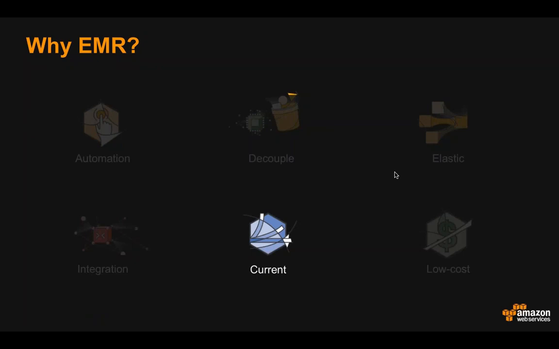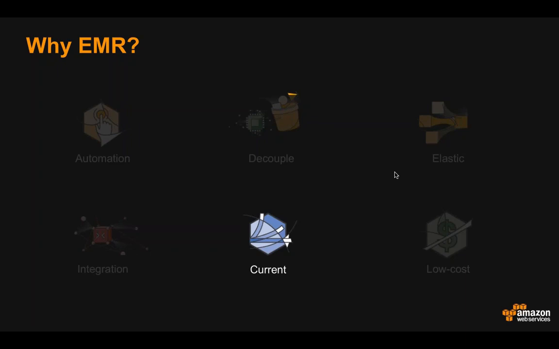Now, one of the really important things for a lot of customers is making sure that whatever technology they use that's running their Hadoop cluster, it allows them to use the most current of the open source tools. So there's a lot of development and a lot of work going on in the open source community.